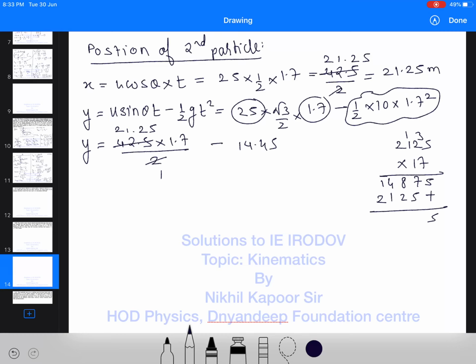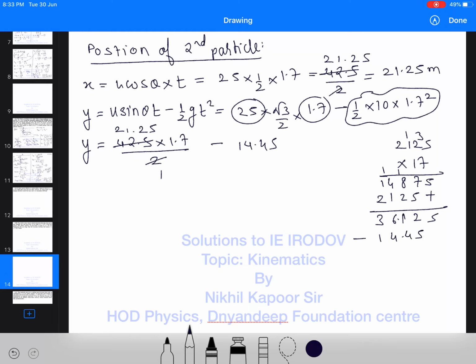Then adding, we get 36125, and the decimal point will be after 3 digits, so this comes out to be 36.125, and from this I will subtract 14.45.